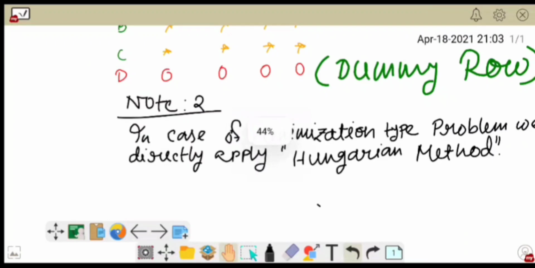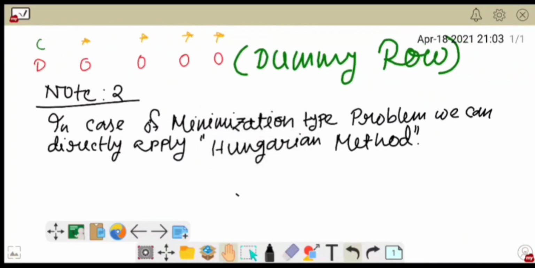In note number 2 it is saying that in case of a minimization type problem, when you see the cost figures given in the question, then we will understand that this is a minimization type problem.